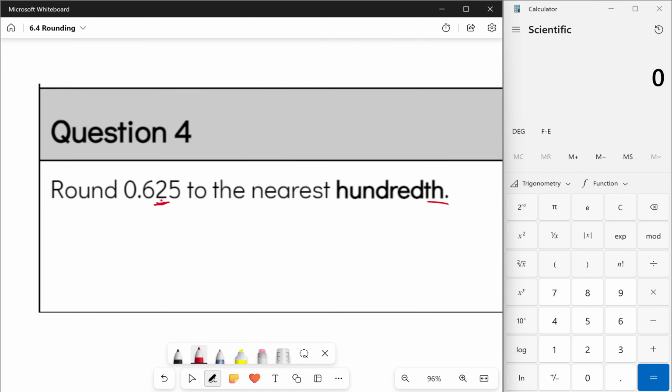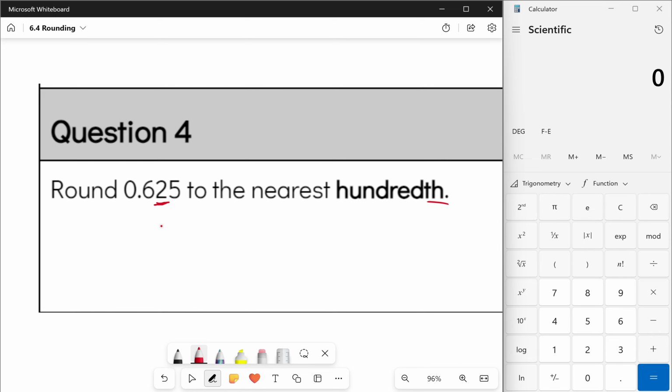So this is the number in question. Now when we are rounding, we underline the place value we want to round to, and we look to the right of that place value. This number here is going to determine what happens to the number in question.